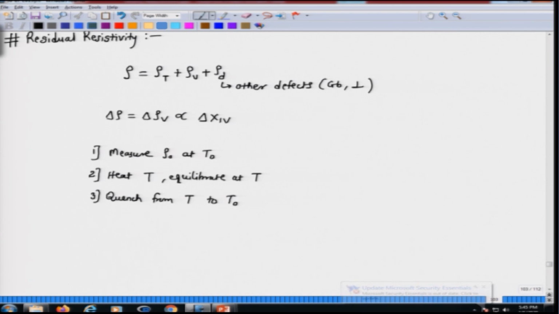Now, if the grain boundary and dislocation density is not affected, then essentially we get back the sample at temperature T0 with quenched-in vacancies from higher temperature T.